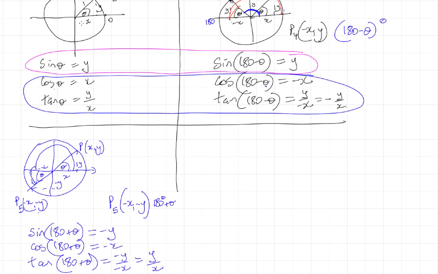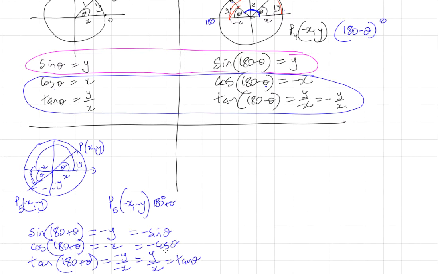So linking that back, angles in the third quadrant, linking those angles to what happens in the first quadrant, negative y is just negative sine theta, negative x is equal to negative cos theta, and y on x is simply my tan of theta.